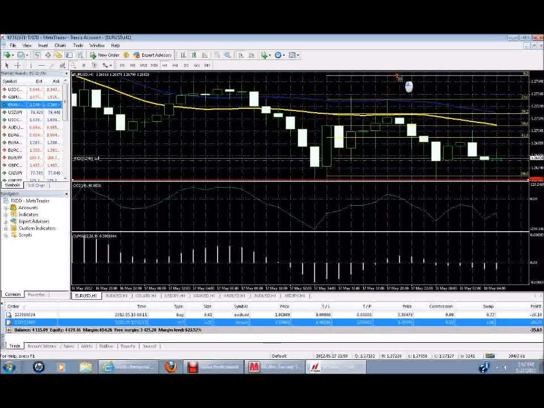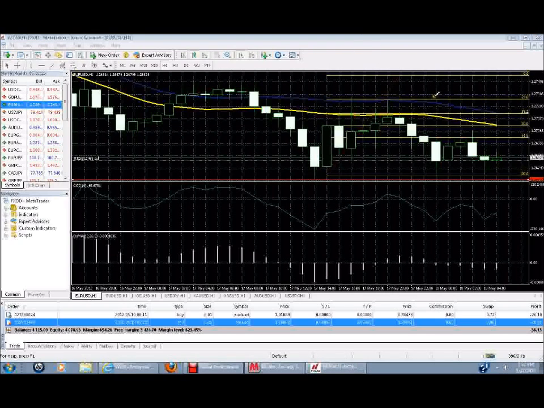Now that shows a little different room that we have coming up, but still you have all this congestion, all this congestion.